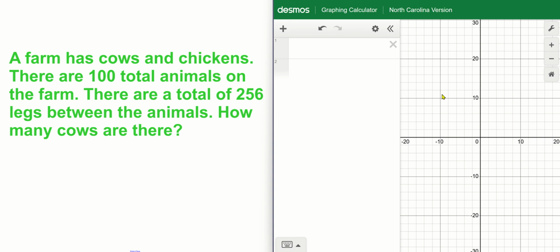Cows and chickens. We have 100 animals on the farm and 256 legs.